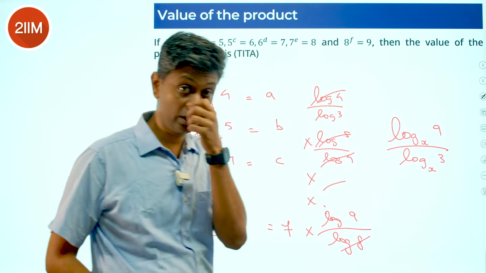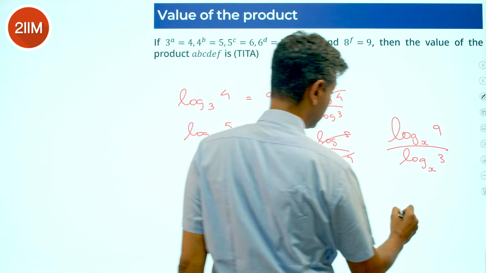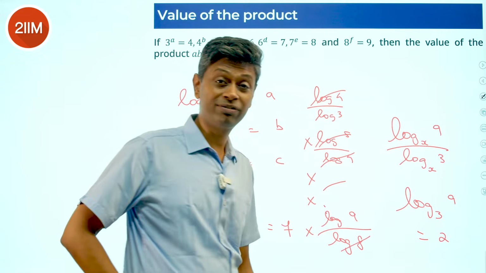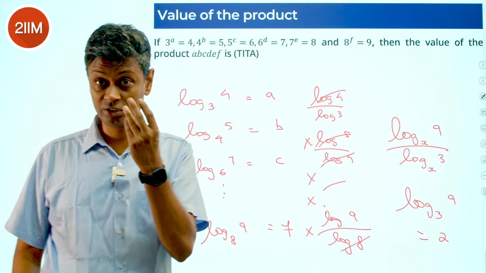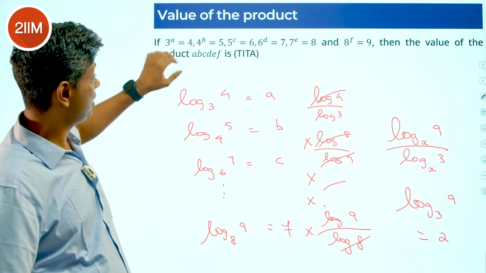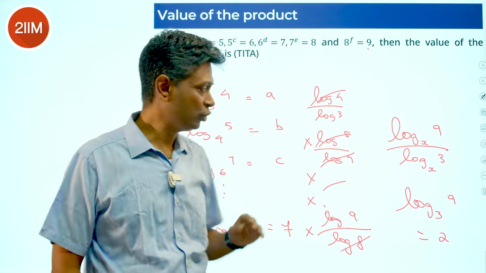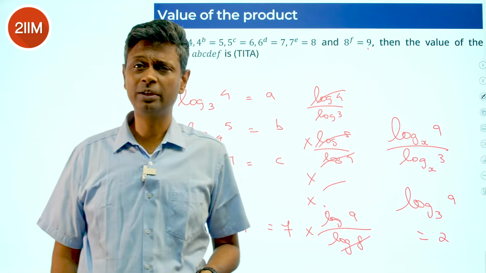But it doesn't matter. Log 9 to base x by log 3 to base x is nothing but log 9 to the base 3, which is 2. The fact that this is a theta question unlocks this. The fact that there's a 3 here and it ends with a 9 there, something to keep in mind. So a bunch of these things get cancelled, we get log 9 to the base 3, which is 2.